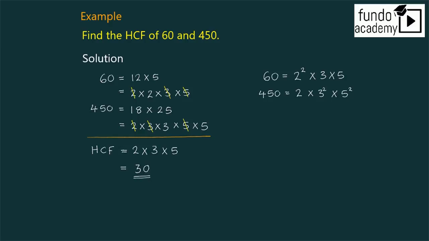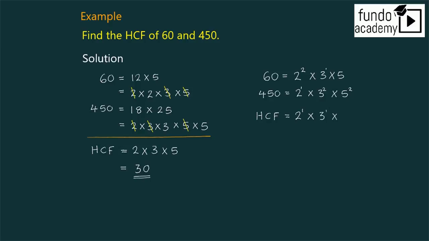Now when we go on to the highest common factor, what we do is look for the common numbers. Like the 2's, we have the 2's, but we take where we have the lowest power. You can see here that 2 has a power of 1, so we take 2 to the power 1. We go on to the 3's, which are also common, and we've got 3 to the power of 1 and 3 to the power 2.